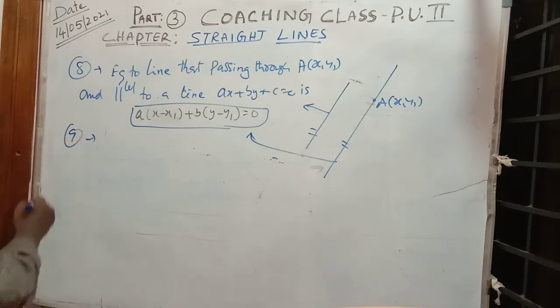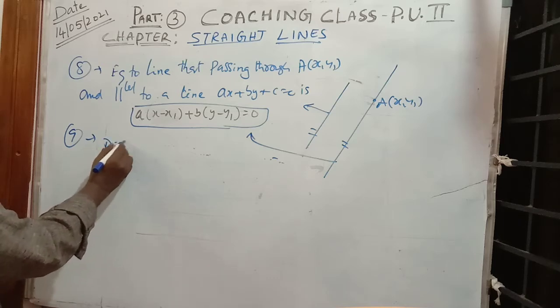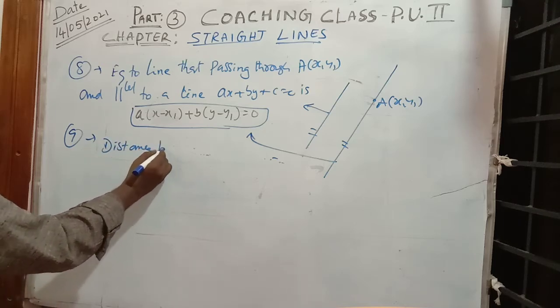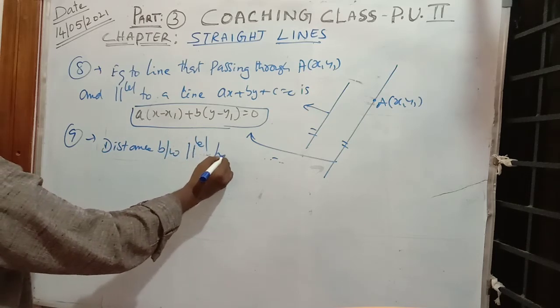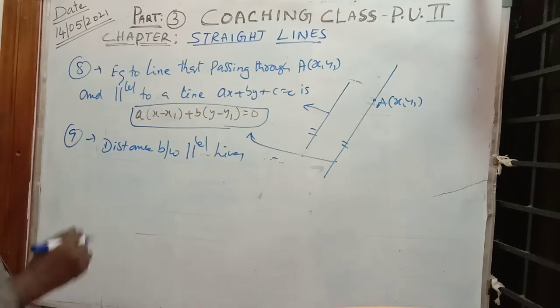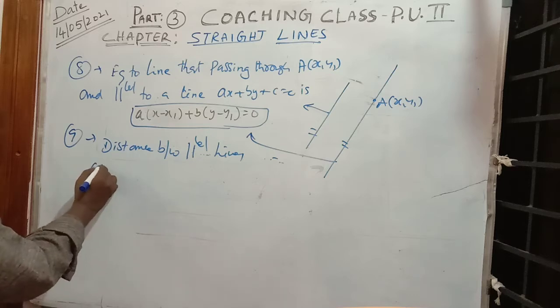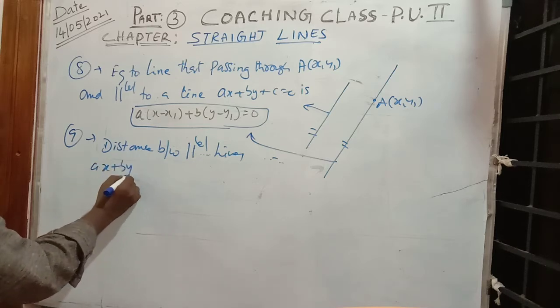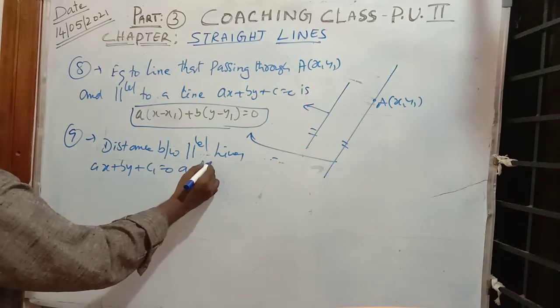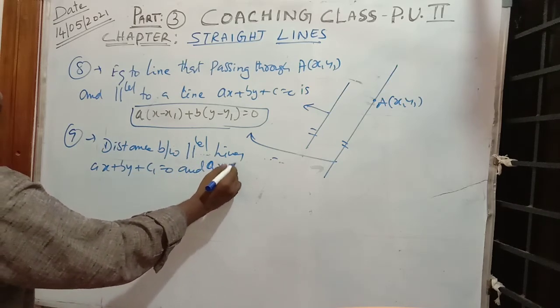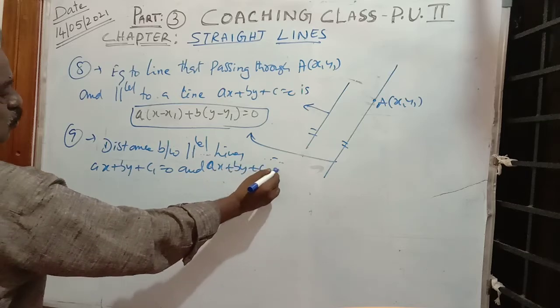Next, the ninth one: distance between parallel lines. Parallel lines are ax + by + c1 = 0 and the same ax, same by plus c2 = 0.